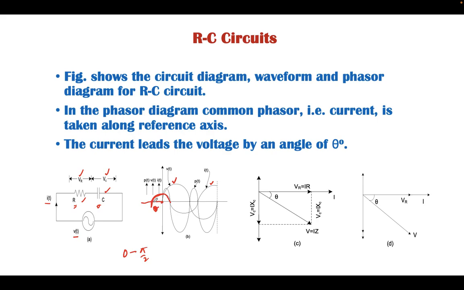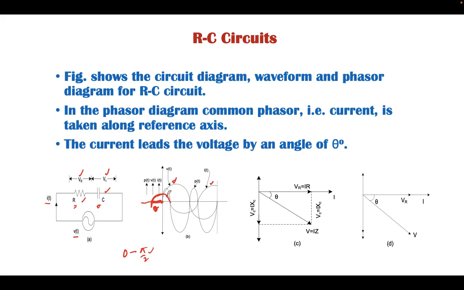This angle varies from here to here as theta lies between 0 and pi by 2. Hence the current leads the voltage by an angle of theta, or in other words, the voltage lags the current by an angle of theta.